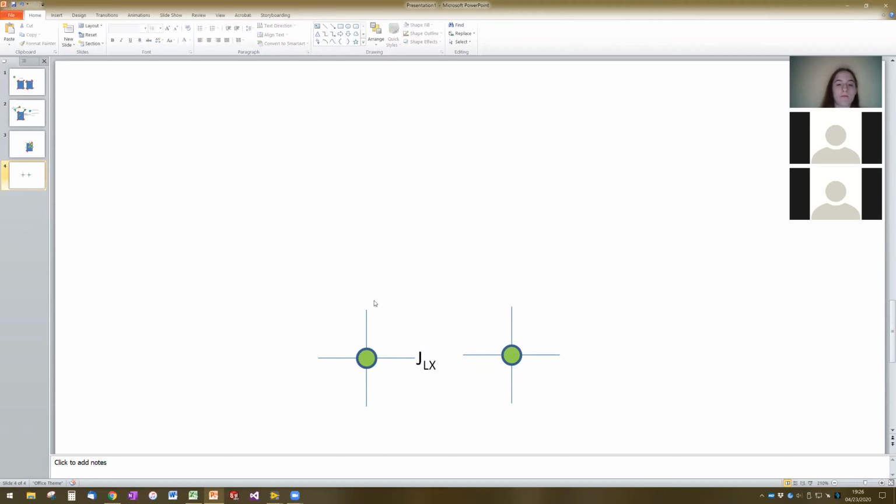So we'll just assume this for tonight. This one controls rotation, and this one controls translation. Okay.